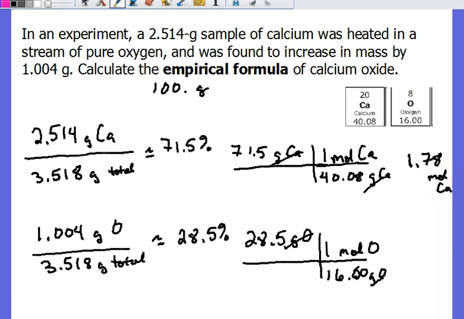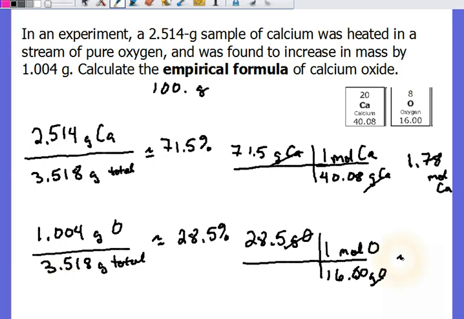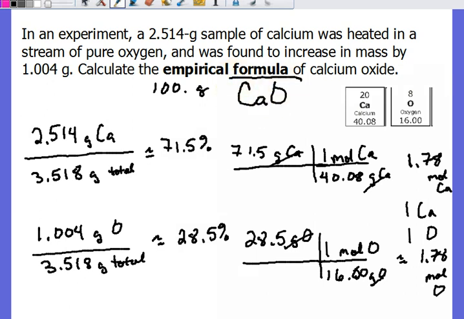And then for your oxygen, you have 28.5 divided by 16. You'll see you get about the same thing, 1.78 moles of oxygen. Since they're the same number, you divide by 1.78. So that tells me that I have 1 calcium and 1 oxygen. So my empirical formula, which is what it asks for, is CaO, 1 of each.